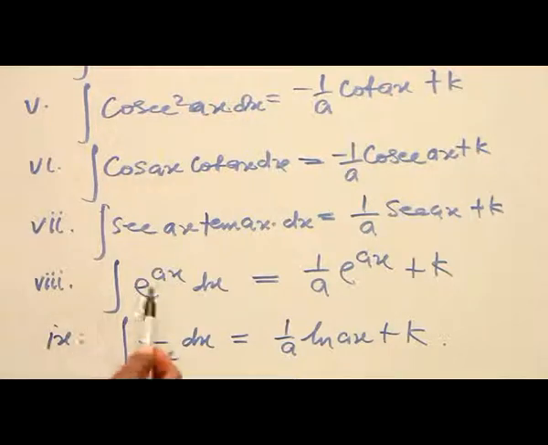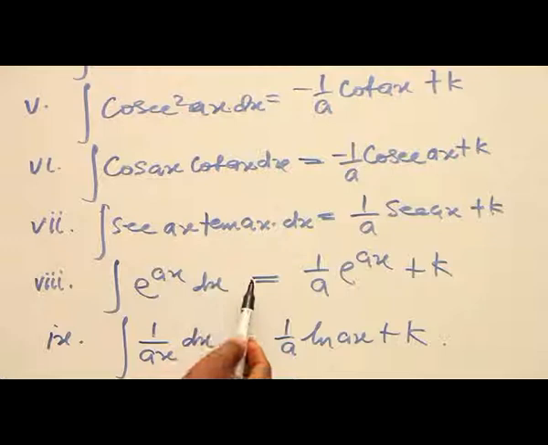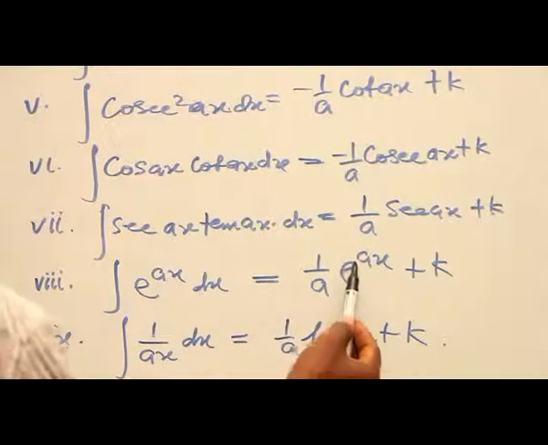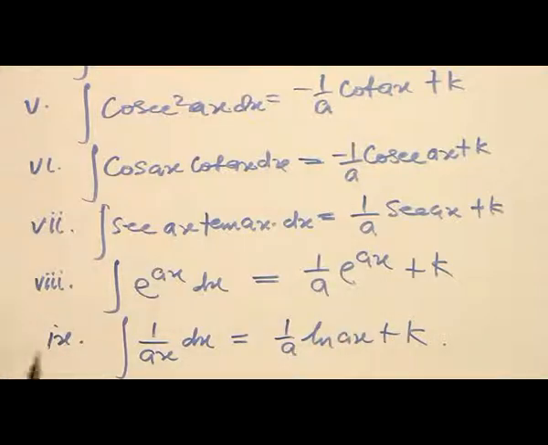The eighth one, exponential e raised to power as dx. If you now integrate this, you will have 1 over a e raised to power as plus k. And the ninth one is 1 all over as dx will eventually give you 1 all over a log as plus k, because the integral of 1 all over s is logarithm of s.